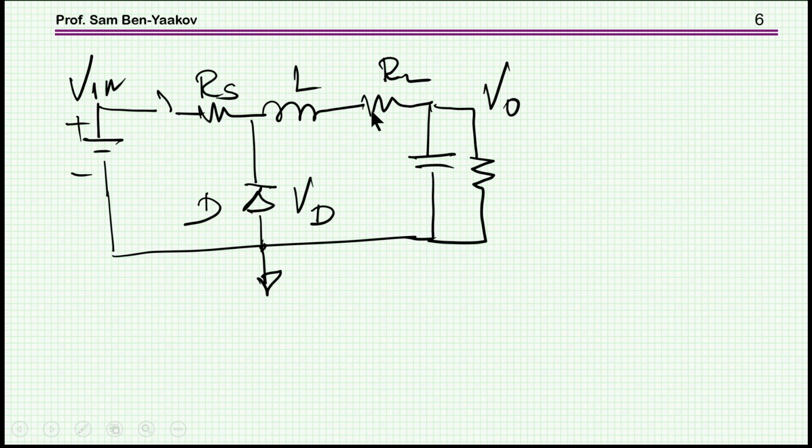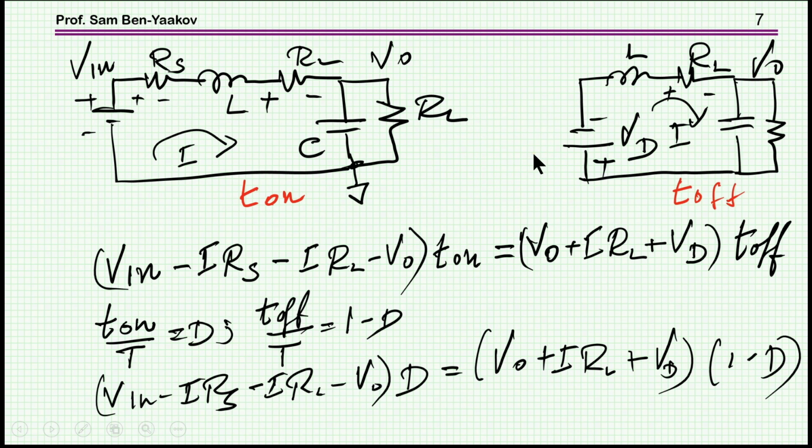So these are included in the circuit, and obviously they will affect the transfer ratio between V in and V out. So we repeat now this volt second calculation, taking into account just these resistances. There are other elements, there's the ESR and other things that I'm not considering here.